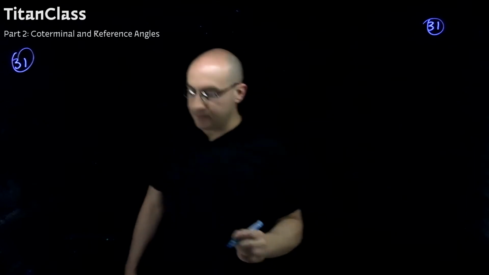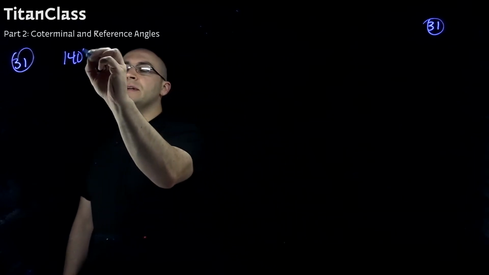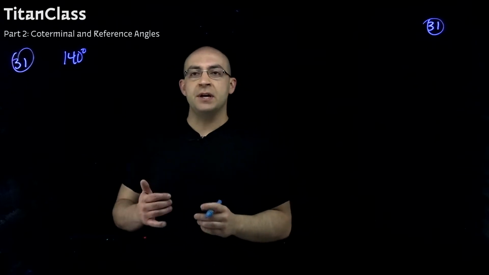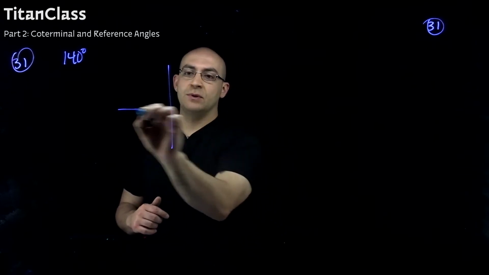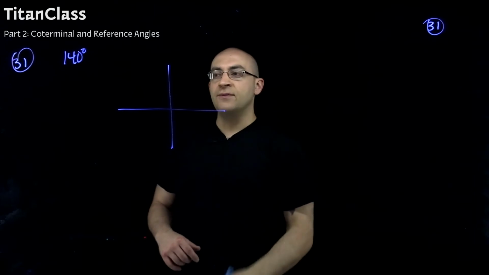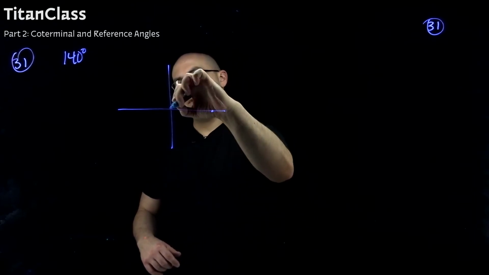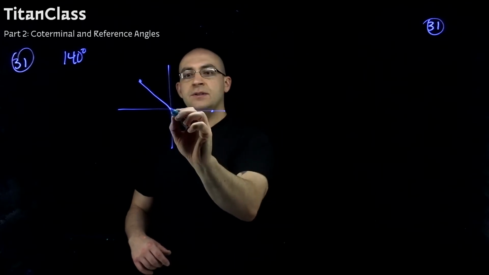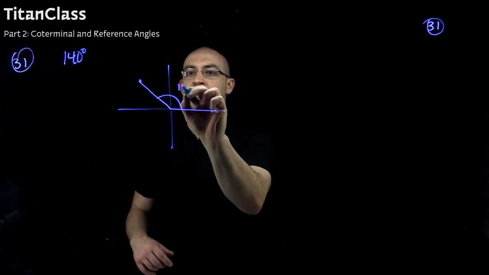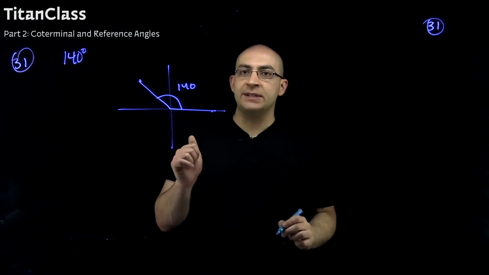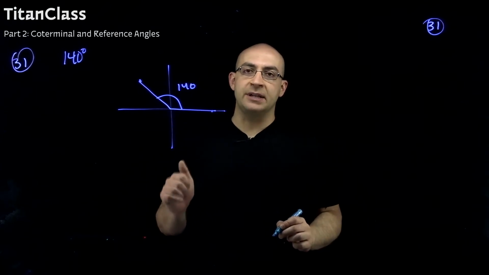So our first problem is 140 degrees. Find a reference angle to 140. Well, we always know that we can draw these things to help us out a little bit more. So here's my coordinate plane. 140 is a positive value, so 90 and another 50, maybe about here or so. So 140 is this measurement here. A reference angle has always got to be positive and it's always got to be acute.